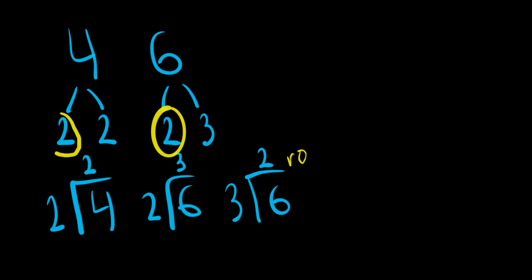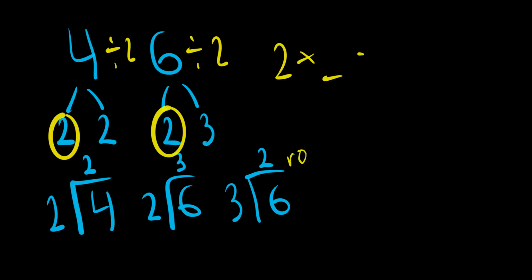So a common factor of 4 and 6 is 2 because 4 is divisible by 2 and so is 6. We could also say 2 times 2 is equal to 4 or 2 times 3 is equal to 6.